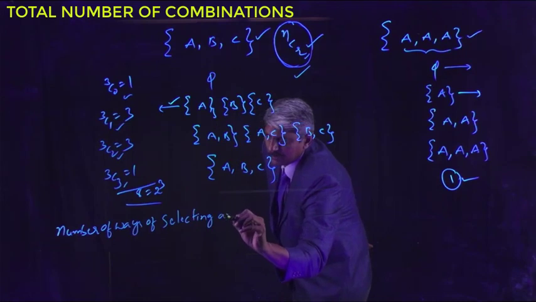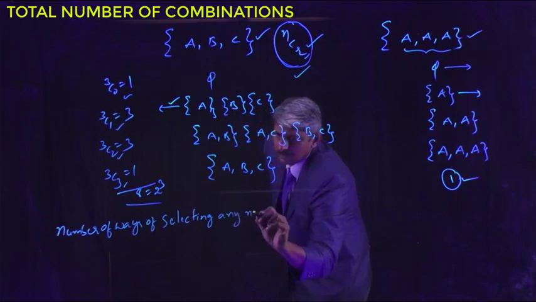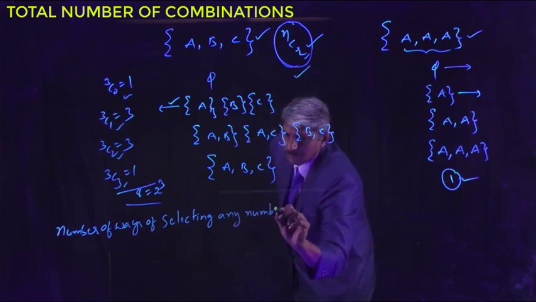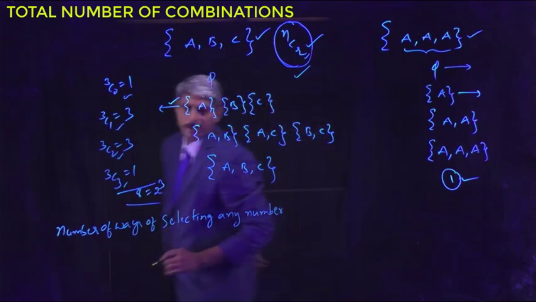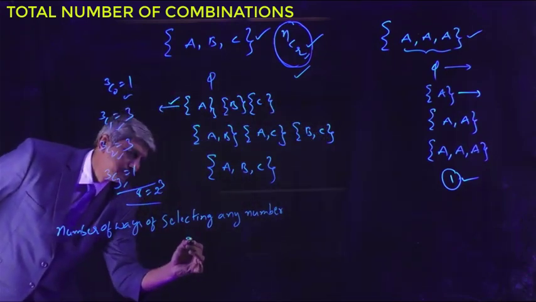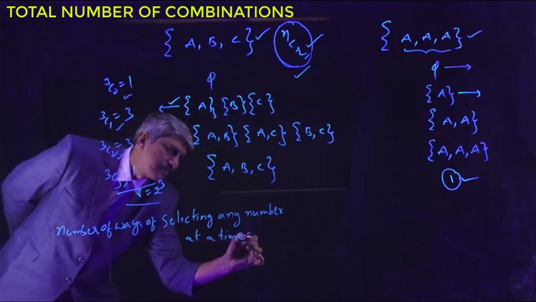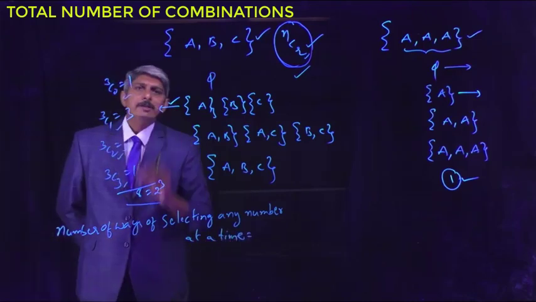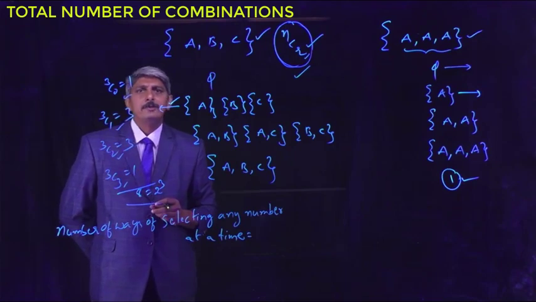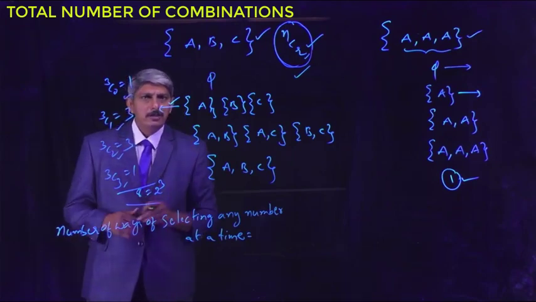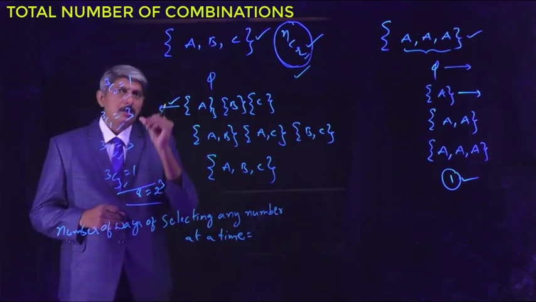The number of ways of selecting any number of things at a time means 0 things or 1 thing or 2 things or 3 things and so on up to n things.